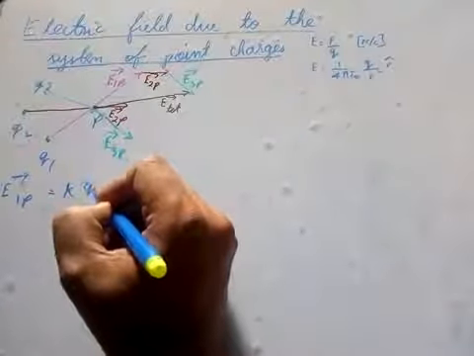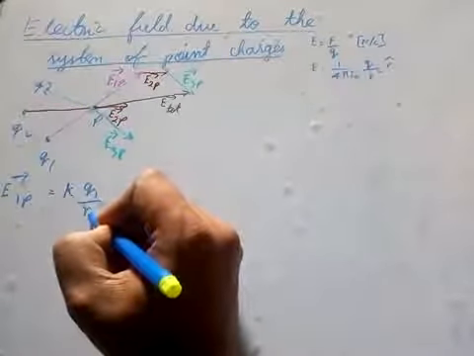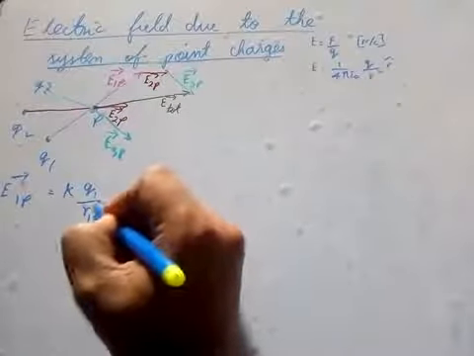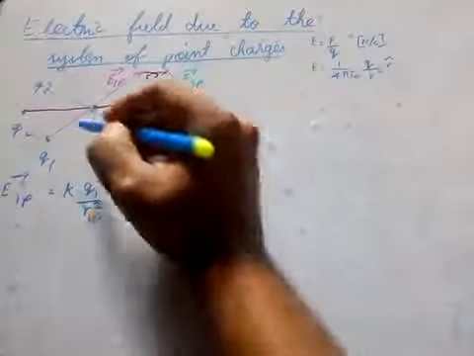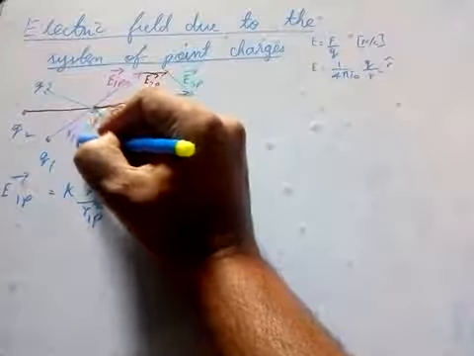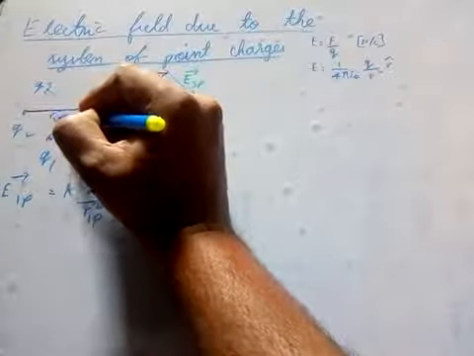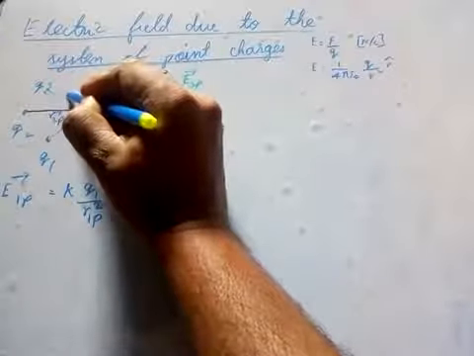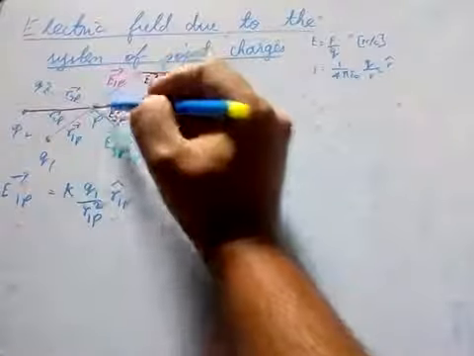So Q1 by R1P square into R cap 1P. What does this R1P mean? It is the distance between charge 1 and point P. Then this one will be the R2P vector, and this will be the R3P vector, the distance between the third charge and the point P.